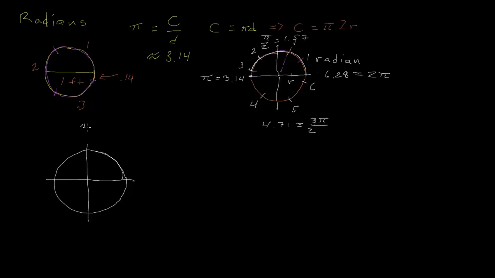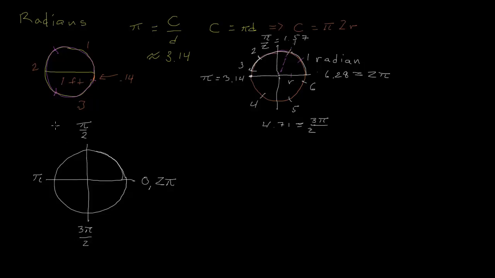We'll think of 90 degrees as pi over 2. Pi is equal to 180. 3 pi over 2 is down here. And this is 0 or 2 pi. Now 0 and 2 pi, these two radian measures, are coterminal.